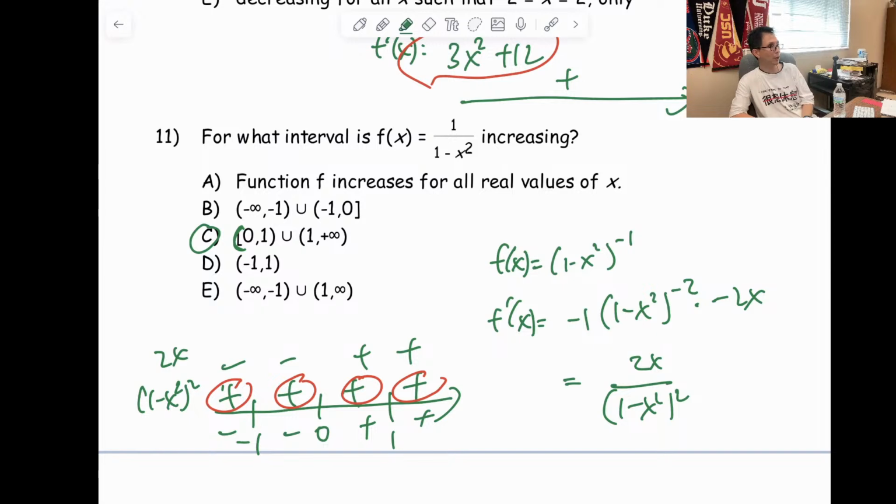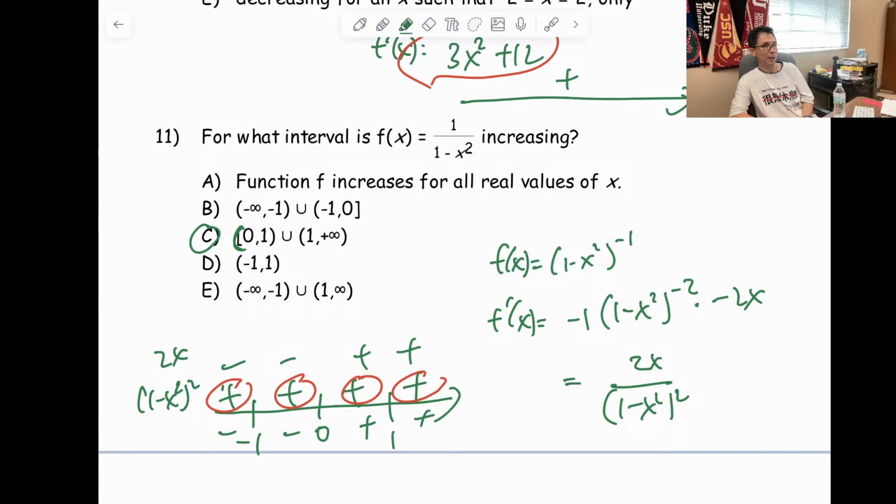-1, 0, and 1. And you see that (1 minus x squared) parentheses squared. If you have a whole thing in parentheses squared, that's always positive. So the whole thing is positive. I don't even have to do that part actually, I just do it to show you. And 2x is just negative, negative, positive, positive. Very easy to figure out.